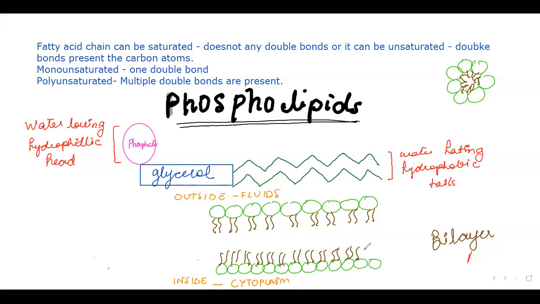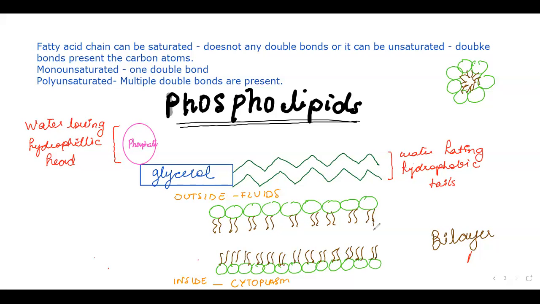The hydrophilic heads of the second layer will arrange themselves towards the cytoplasm.